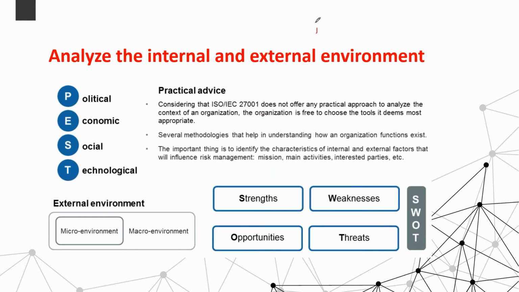We have SWOT, which stands for strength, weakness, opportunity, and threat analysis. Now, SWOT is conducted to analyze your organization's strengths, weaknesses, opportunities, and threats. This is done for the purpose of formulating policies and determining whether the organization should invest in the resources or not.